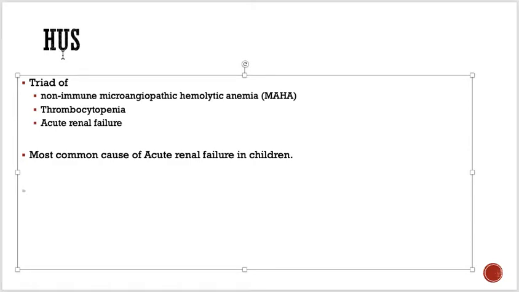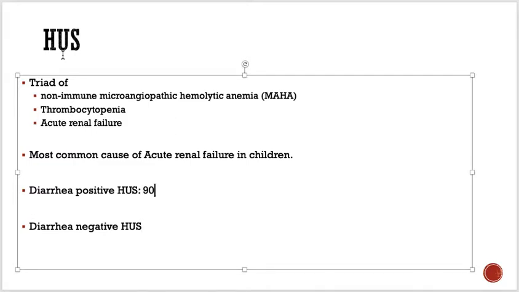By the way, it's not the only organism, rather, there are many other organisms. So, when we talk about the etiology of this condition, we call it diarrhea positive hemolytic uremic syndrome, as well as diarrhea negative hemolytic uremic syndrome.